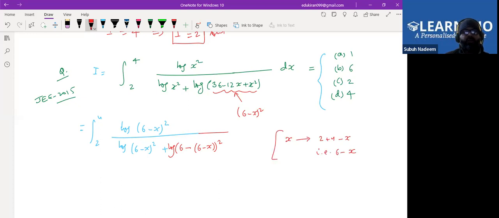So everywhere we are doing this: the upper limit and the lower limit, we are adding them up, minus x. So this x becomes 6 minus x, and this 6 minus x becomes 6 minus 6 minus x.